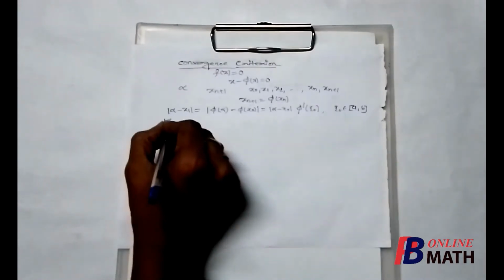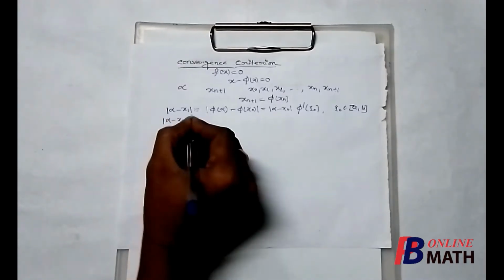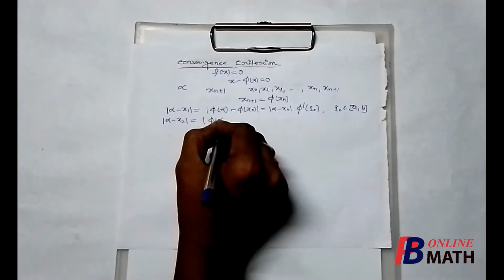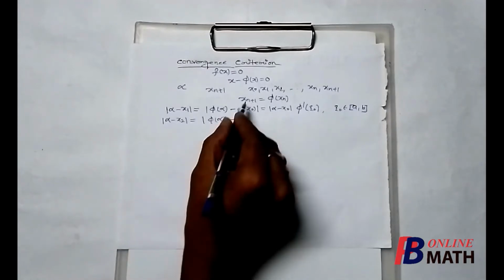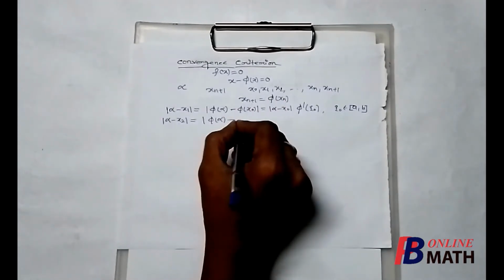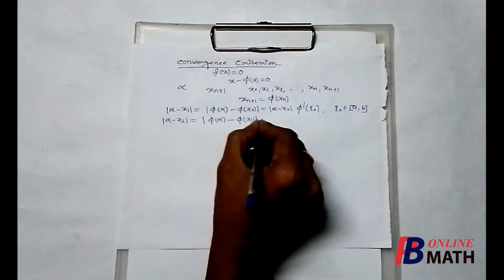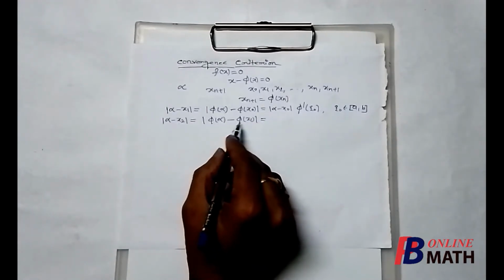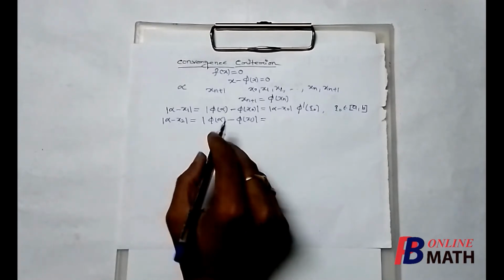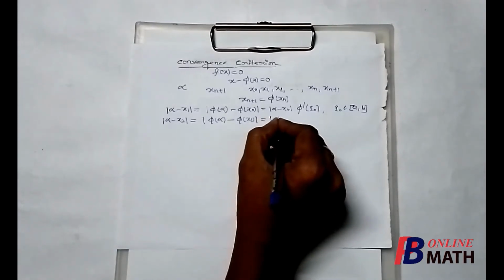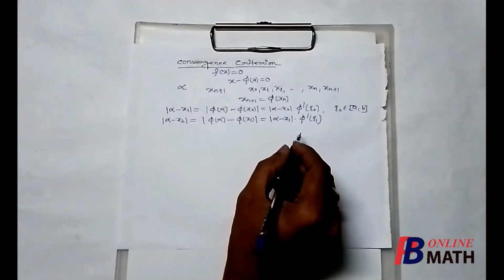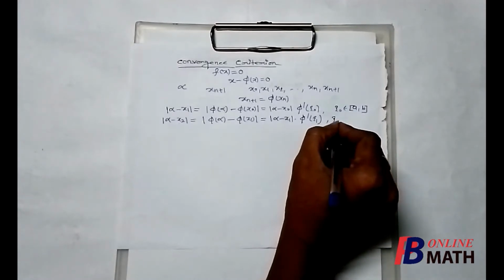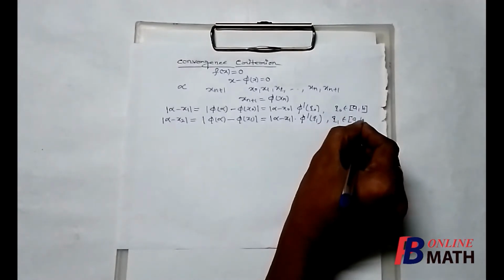Next, if we compute alpha minus x2, then this will be equal to, now alpha equal to phi alpha, minus x2 can be written as phi x1, so it is phi x1. Now we can again apply Lagrange's mean value theorem here for the function phi x between alpha and x1. Then we can find that this is alpha minus x1, multiplied by phi dash xi1, where again xi1 belongs to the closed interval a to b.